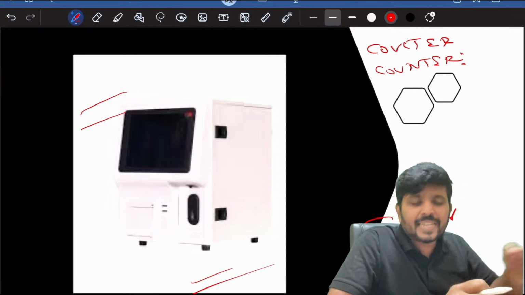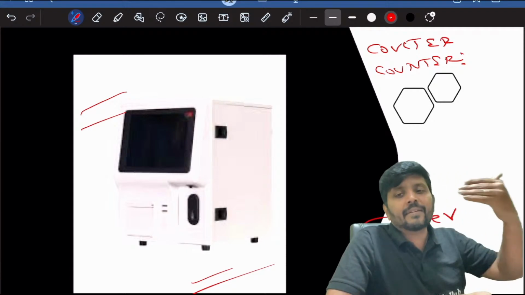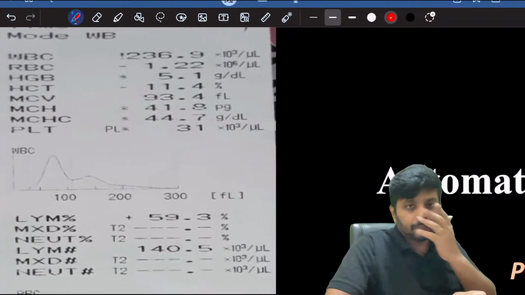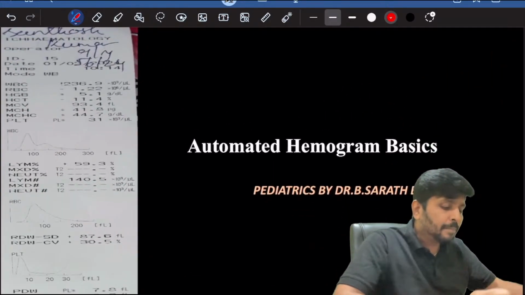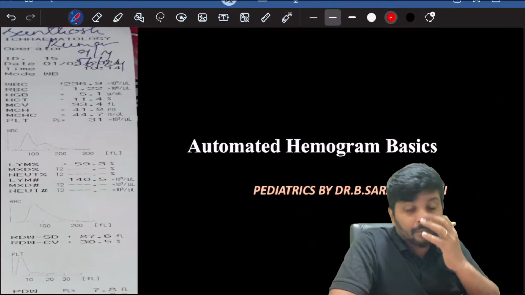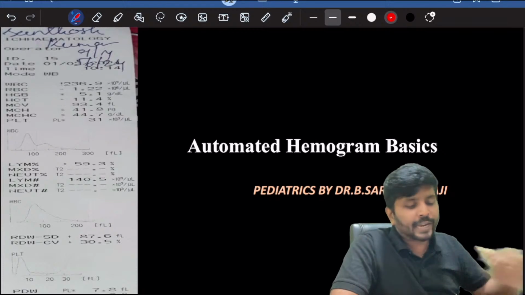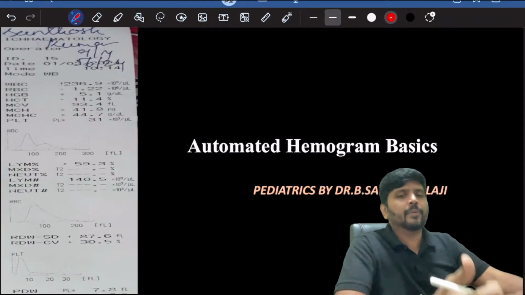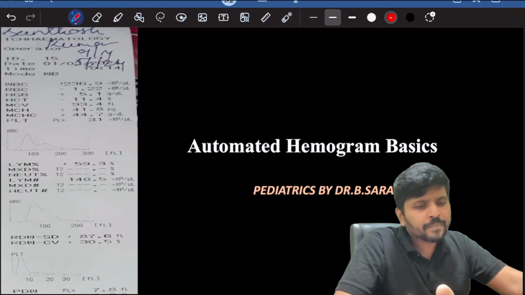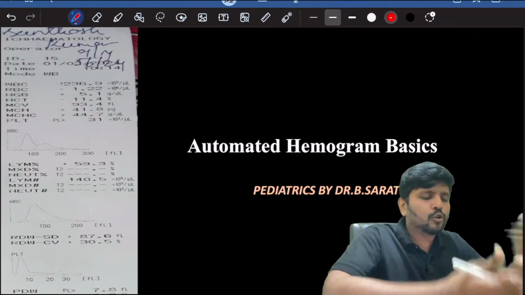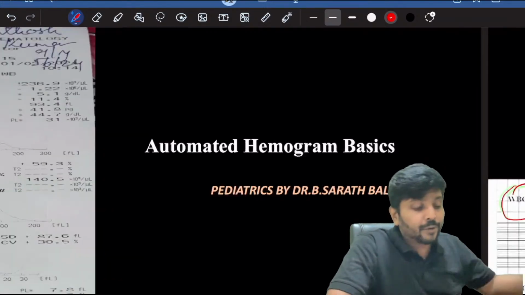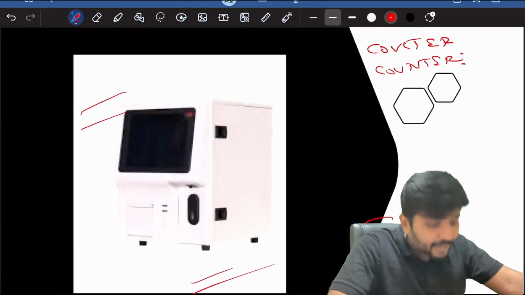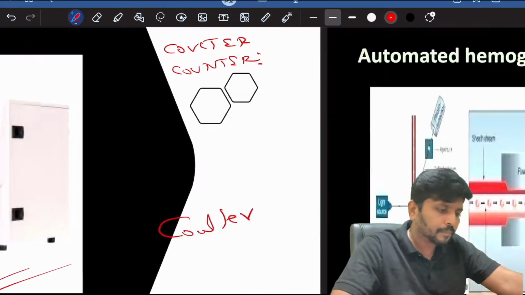This makes things easier, and the result will be given in a printed format, like this. So when it is available as a printed format, you can analyze your neutrophil count. There are three cell lines: WBC, RBC, platelets, and so many sub-parameters, and you can get your diagnosis and plan your management early.